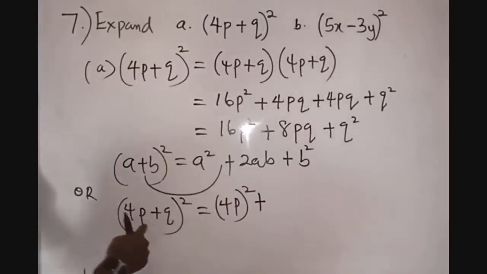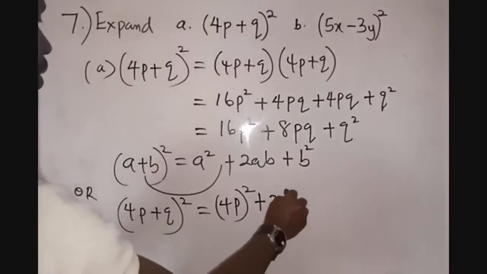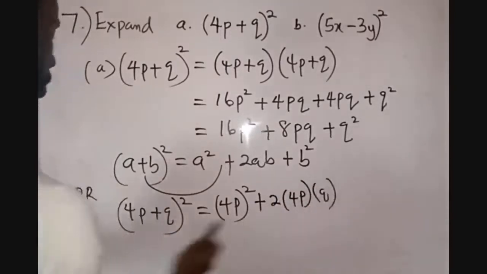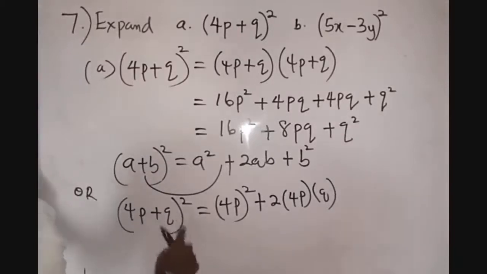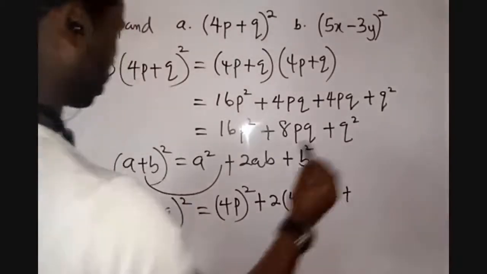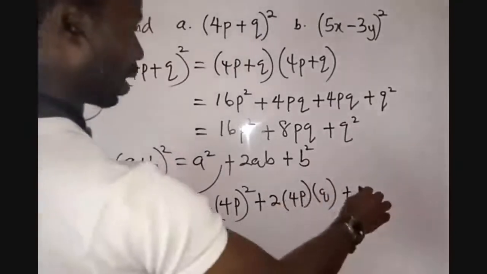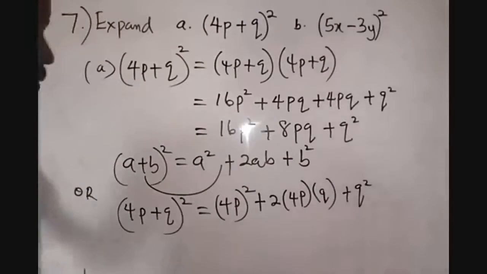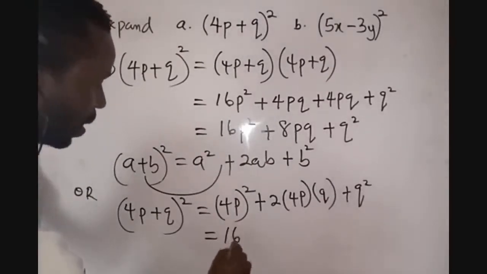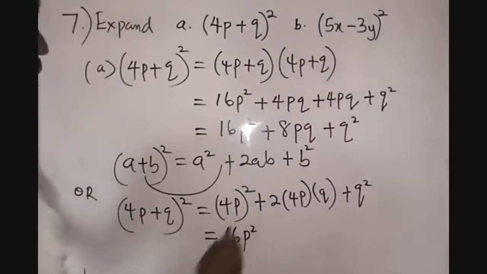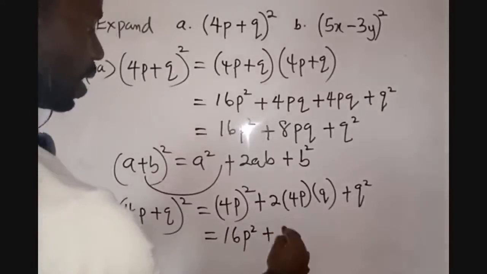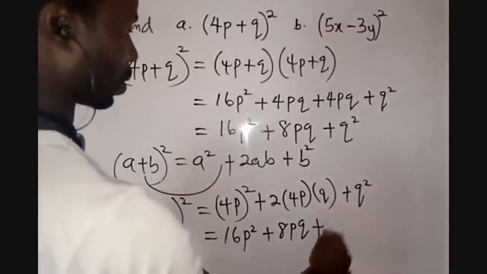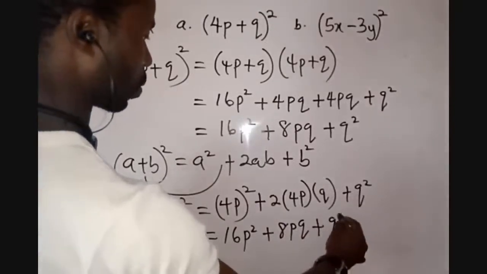Then this will multiply each of these, meaning 2 into 4p into q, this multiplying each of them. Then the last sign is always positive, then square the last one. So that's what you have, and this will give you 16p squared plus 8pq, then plus q squared.